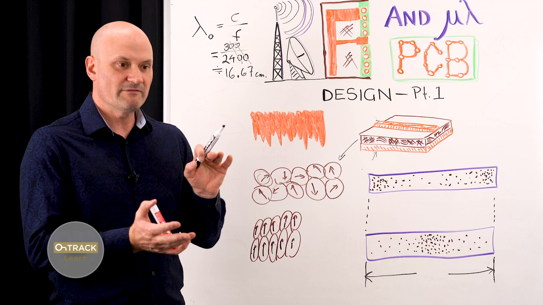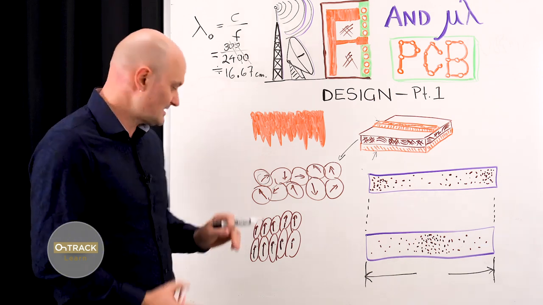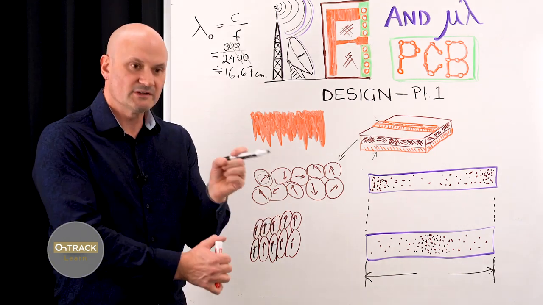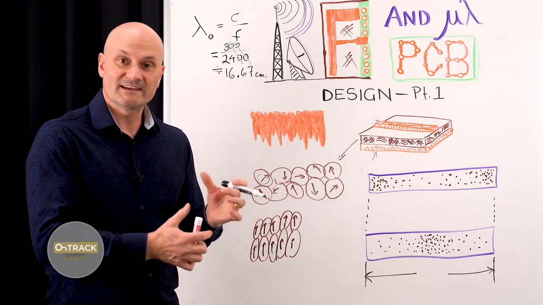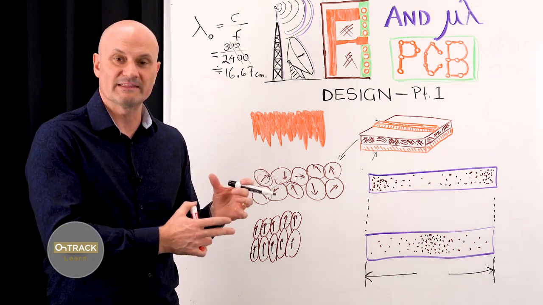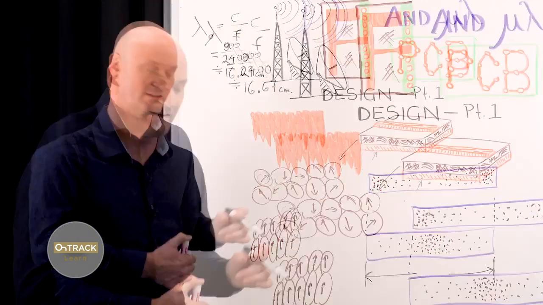And so having a voltage applied across a dielectric causes these charge domains to orient themselves, and that's an actual physical phenomenon, and that gives rise to capacitance and what we call displacement current.